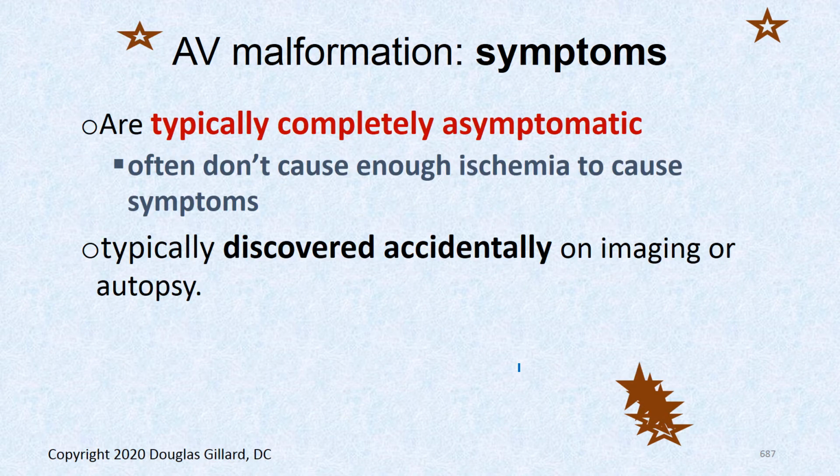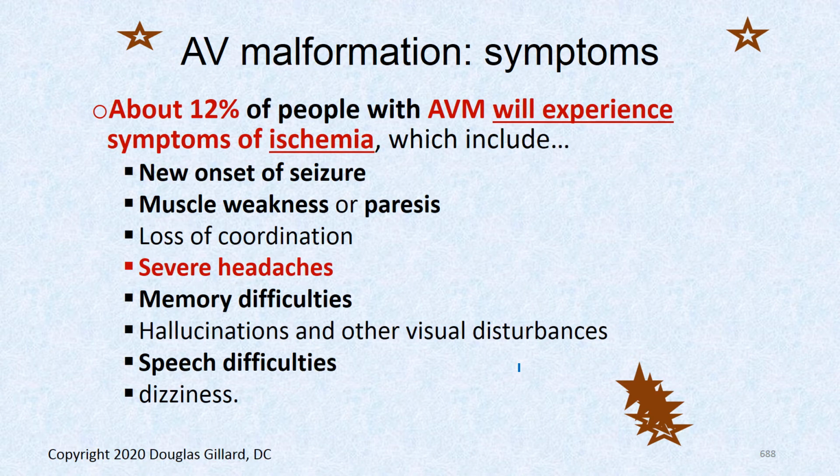Symptoms: usually completely asymptomatic until the ischemia starts kicking in. It's usually the patient dies and it's discovered on autopsy, or maybe they have imaging of the brain for headaches or something, and they discover it there. Again, about 12% of them experience ischemic symptoms, and those can be widespread.